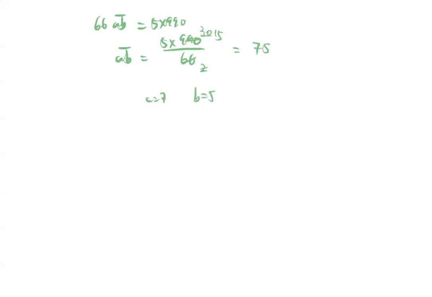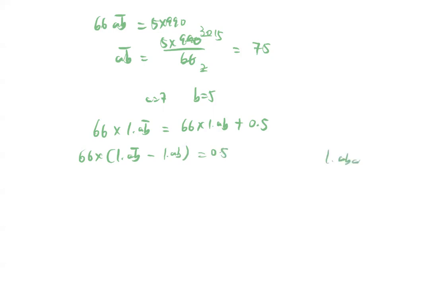Another way of doing this is if you observe this equation, when you have 66 times 1.AB minus 1.AB, it's the same logic, but I feel it would be faster because 1.ABAB minus 1.AB, you immediately get this equation.